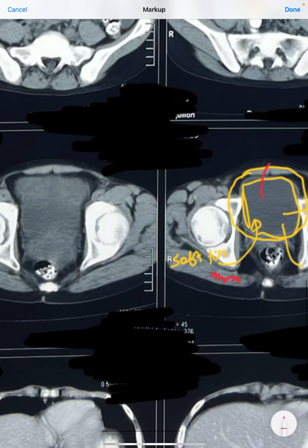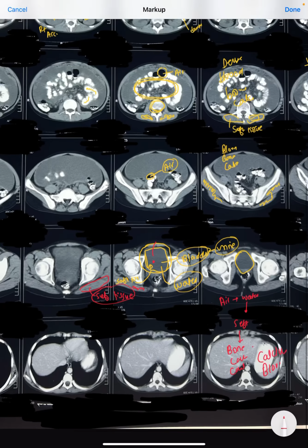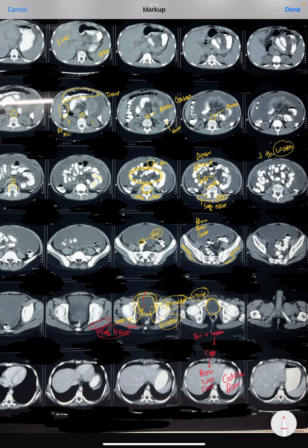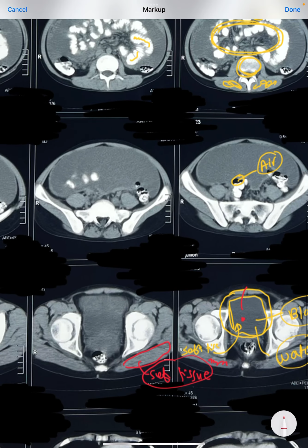Now what I want to tell you, we need to understand the difference between water density and soft tissue density. This is soft tissue. Now, when we see in the abdomen, usually you don't have free flowing water. Free flowing water or freely accumulated water in the peritoneal cavity is called ascites. And what we can see here, if you compare this to this, they are the same.